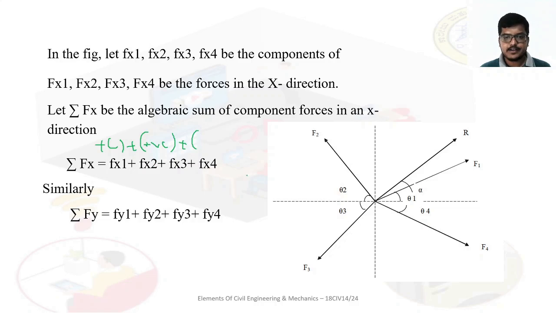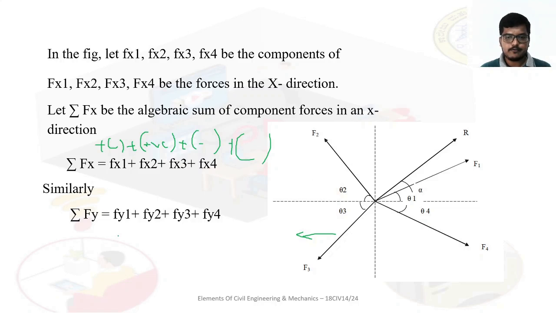Plus Fx3, then again negative value. If it is negative, take negative. If it comes to be positive, take positive. According to the rule, in the third quadrant, if the x is in this direction, we have to take negative. Then for Fx4, x is positive.